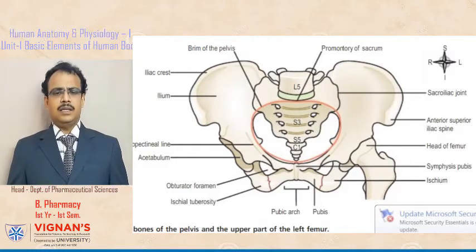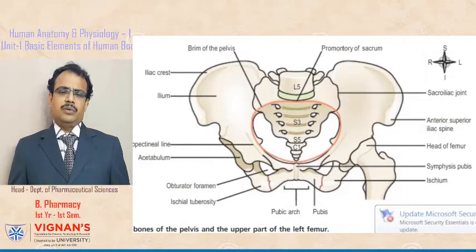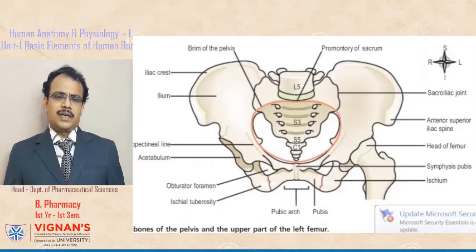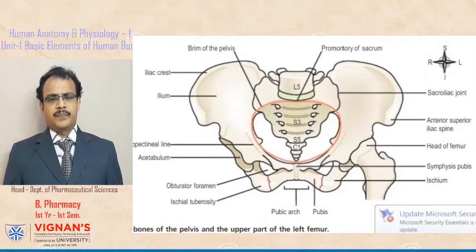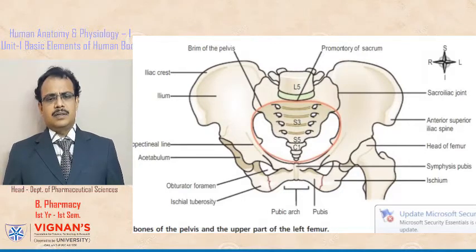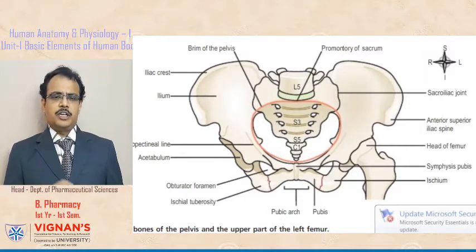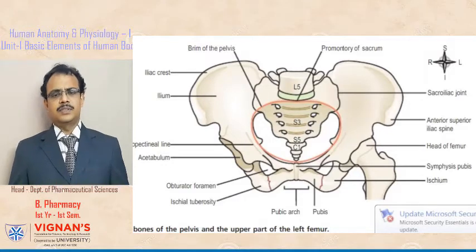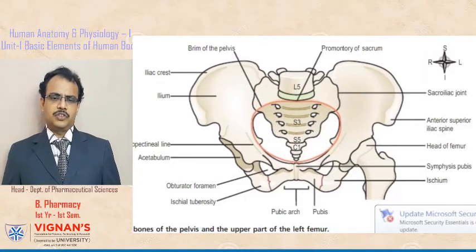All the 3 bones unite at one region, which leads to the formation of a depression called the acetabulum. This acetabulum is the site where the ball of the femur forms a joint with the innominate bone, and this forms the ball and socket joint in the lower limbs.